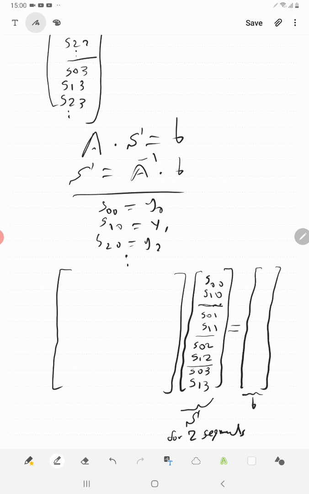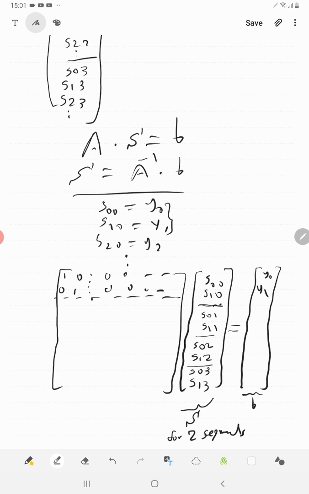Now, the first 2 coefficients, this one and this one, belong to this one. So we put here what? Y0 and Y1, okay? And here we'll be having 1, 0, 0, 1, okay? All the rest here are zeros.